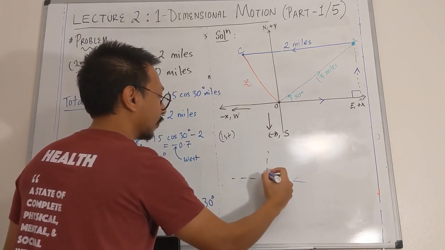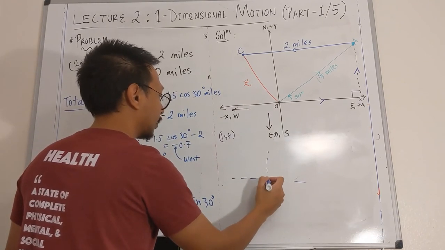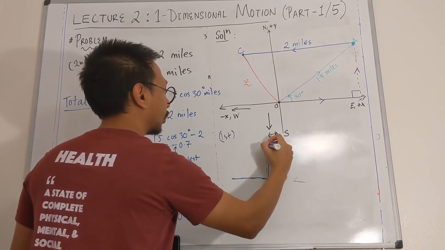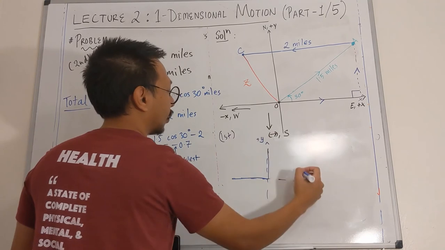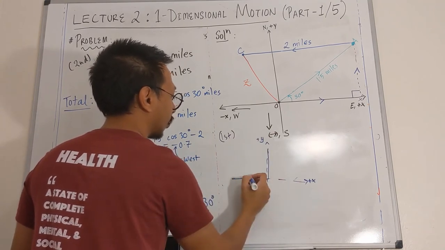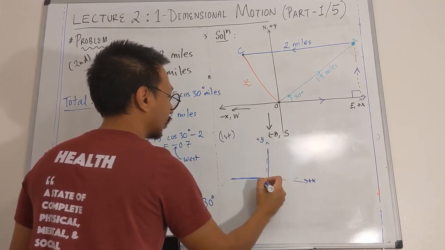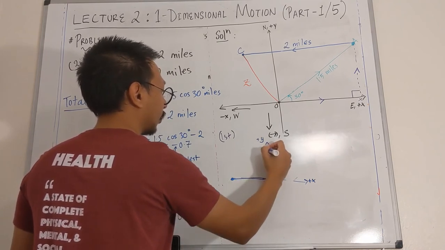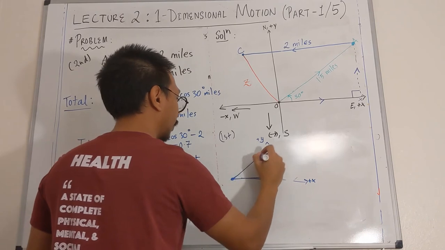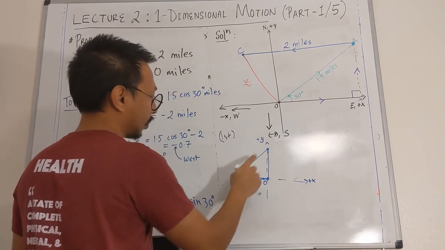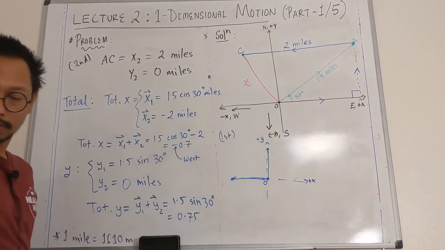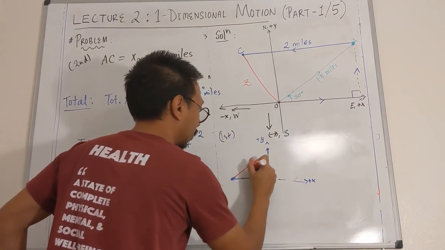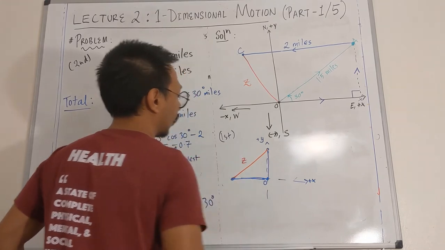Y is positive, x is negative. So this direction was positive y and this is positive x. If this is 0, then this side is negative x, right? So we have the final triangle, and this last line is what we are looking for, z.